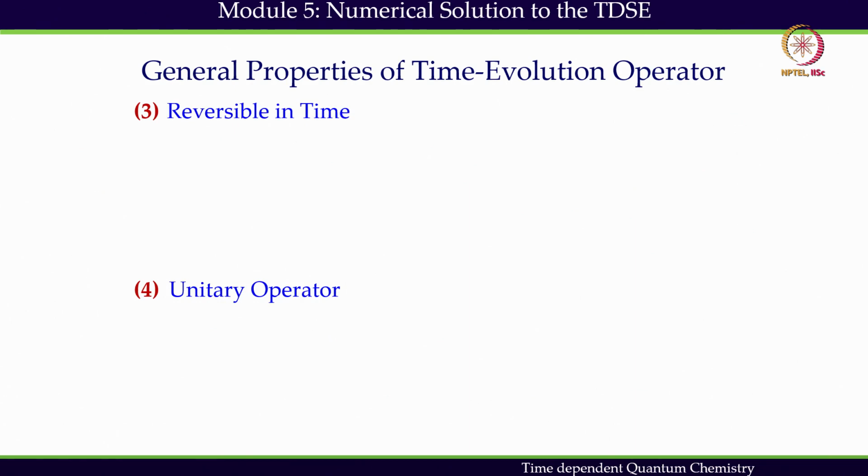The time evolution operator is reversible in time, and this reversibility is a unique property in quantum mechanics. We will prove how it is reversible. If I consider a delta t time advancement, then that has to be written as e to the power minus i H delta t by h cut, and if I want to go back in time, then it is going to be minus delta t, and that is going to be e to the power i H delta t by h cut.